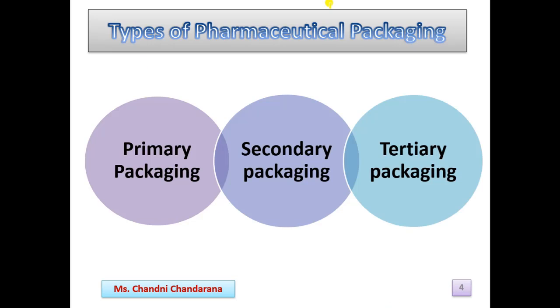Now we will see the types of pharmaceutical packaging. There are three types of packaging: primary packaging, secondary packaging and tertiary packaging. So what is primary packaging? This is the first packaging envelope, the material which is in direct contact with the dosage form.